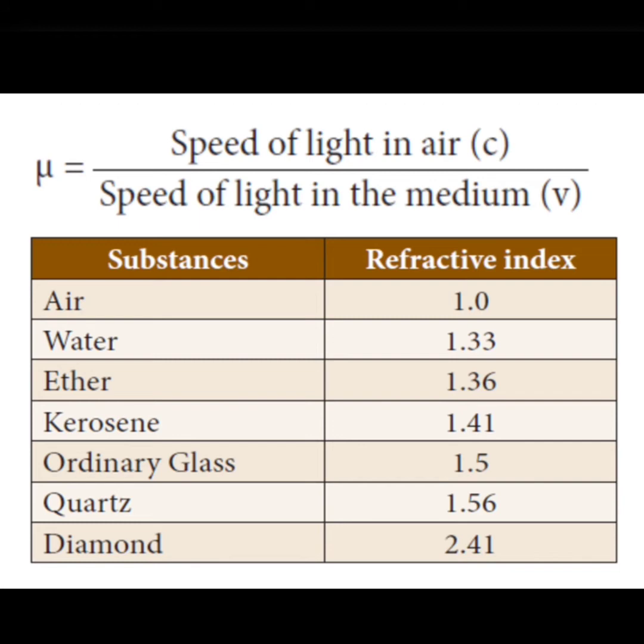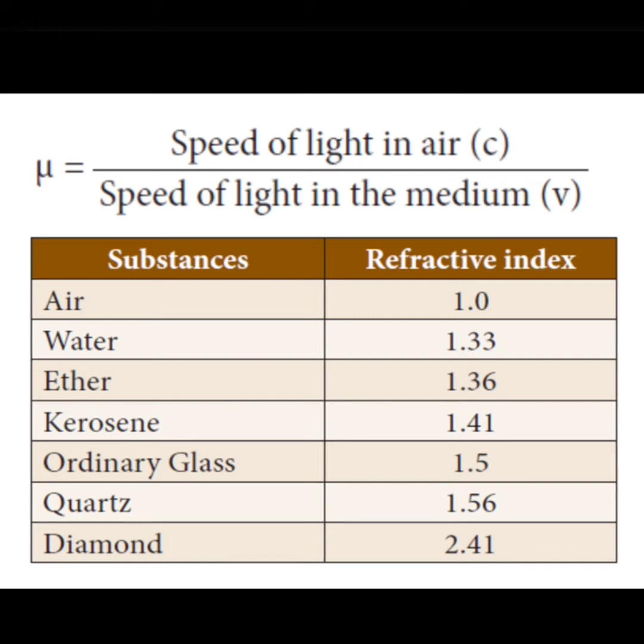So refractive index is a ratio of two similar quantities, speeds, and so it has no unit because it gets cancelled, no? Since the speed of light in any medium is less than its speed in air, the refractive index of any transparent medium is always greater than 1.